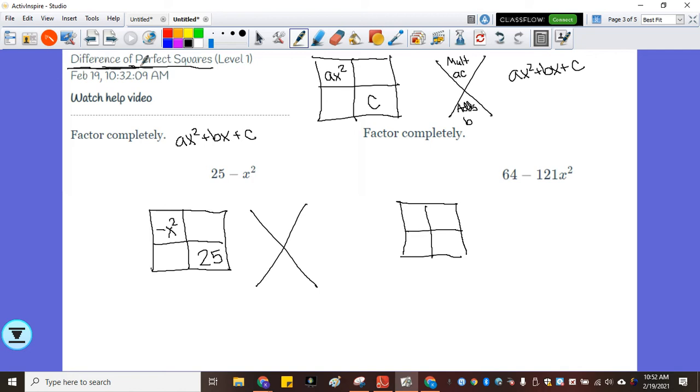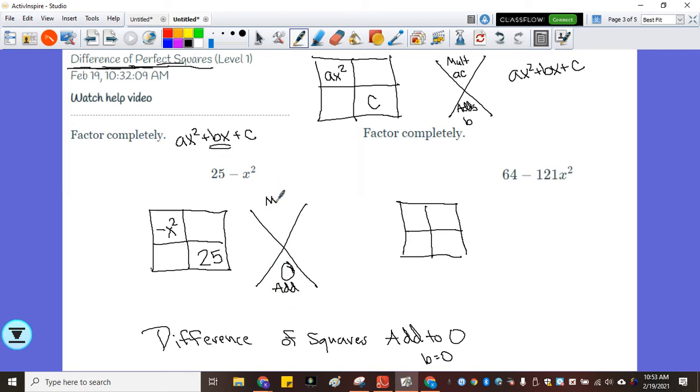And on these types of questions, you're always trying to add to 0 because b is 0, because there's no x term. So on difference of squares, you're trying to add to 0 because b will equal 0, always. It'll help you remember that this is 0. So we're trying to add to 0 and multiply.